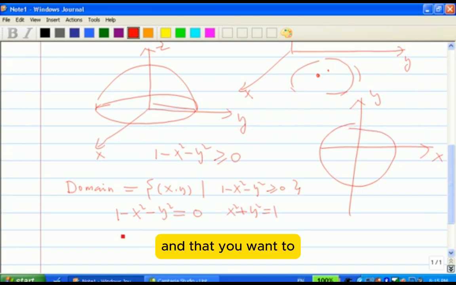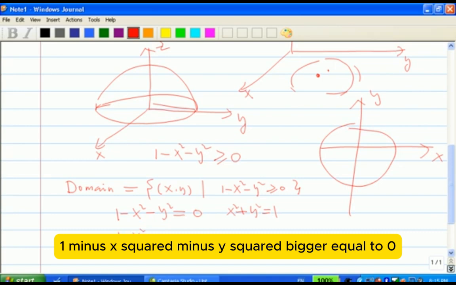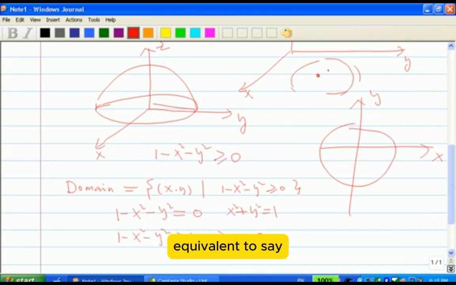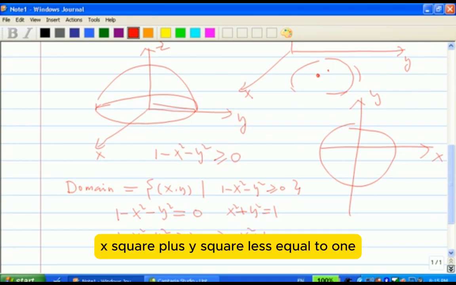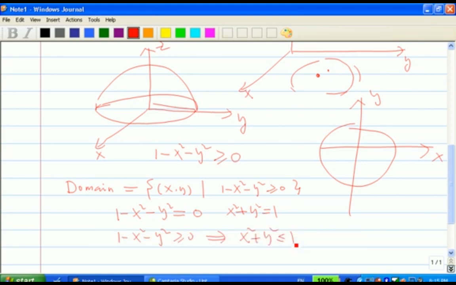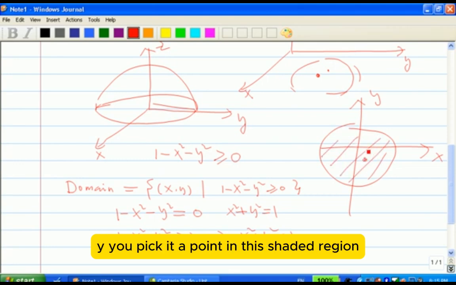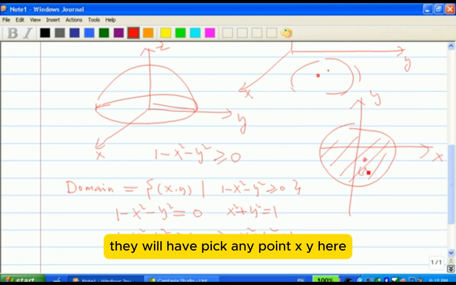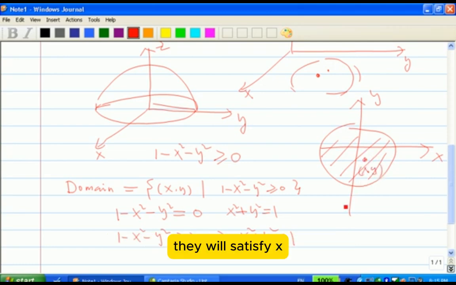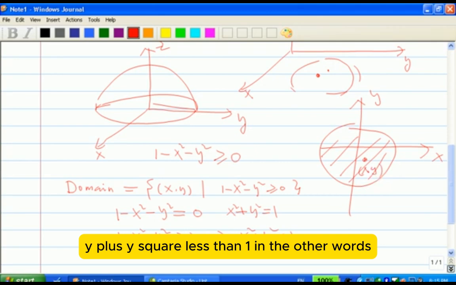And you want 1 minus x squared minus y squared bigger than or equal to 0, equivalent to saying x squared plus y squared less than or equal to 1. So as long as you pick a point (x, y) in this shaded region, it will satisfy x squared plus y squared less than or equal to 1.